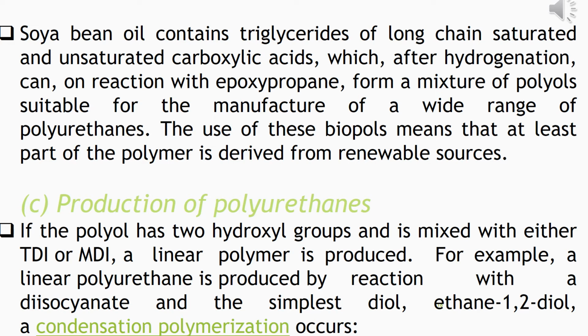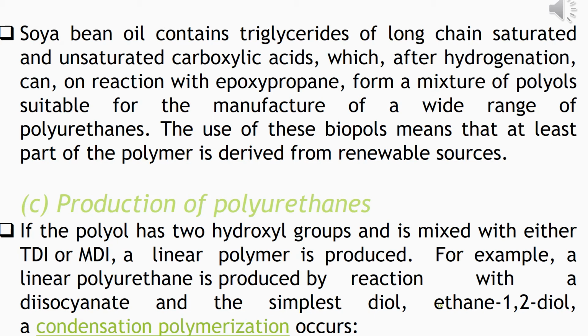So the polyol having 2 hydroxyl groups, if it is mixed with TDI or MDI, a linear polymer is produced. For example, a linear polyurethane is produced by the reaction of a diisocyanate and the simplest diol, that is ethane 1,2-diol. So condensation polymerization occurs here.